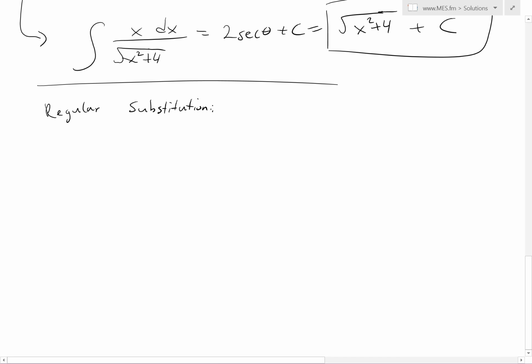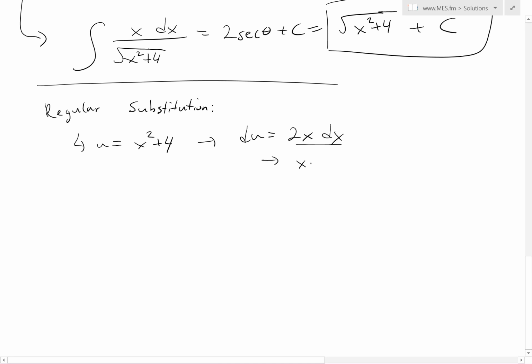So when we do this, notice that with this x squared plus 4, if we let u equal x squared plus 4, then the derivative would be du equal to 2x dx, and the 4 disappears. So we have covered this top part.